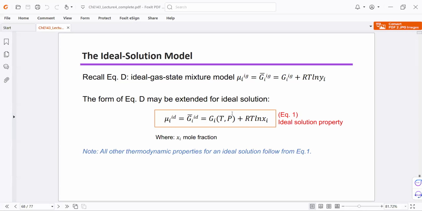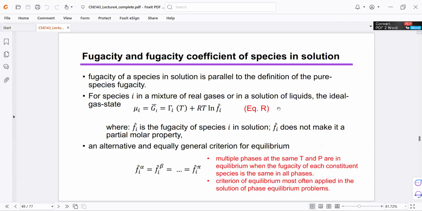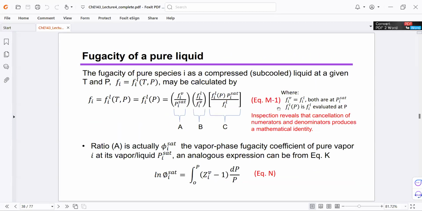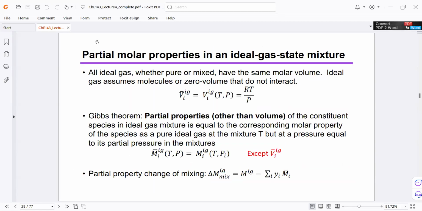Hello, everybody. So now we are moving on to the next topic under solution thermodynamics, and this is on the ideal solution model. But just to recap, before what we dealt with was the ideal gas mixture. So I'm browsing to the initial slide.